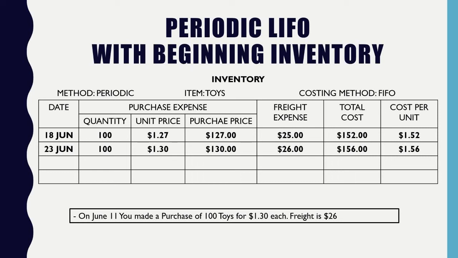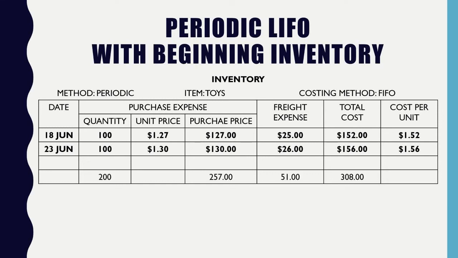So once again, just like how we did our worksheet, this section right here is strictly for our net purchases. So we're going to make sure that we add up our total net purchases here. We purchased a total of 200 items at $257 plus an additional $51 of freight to give you a total of $308 worth of net purchases.